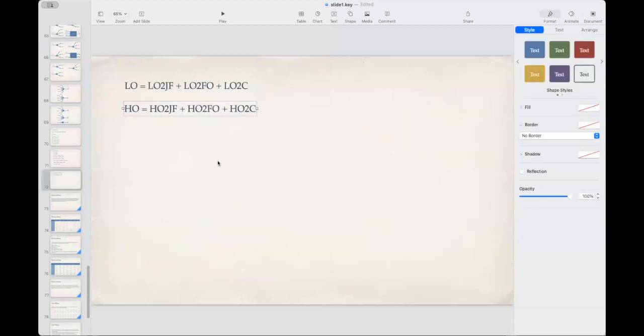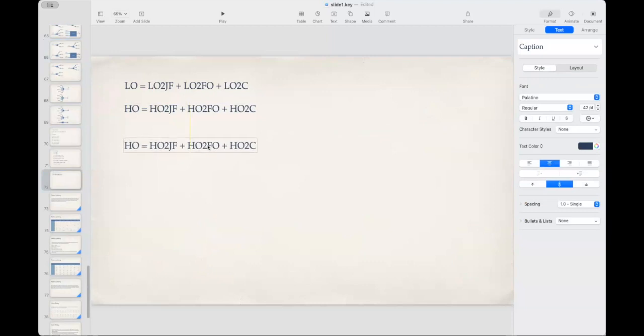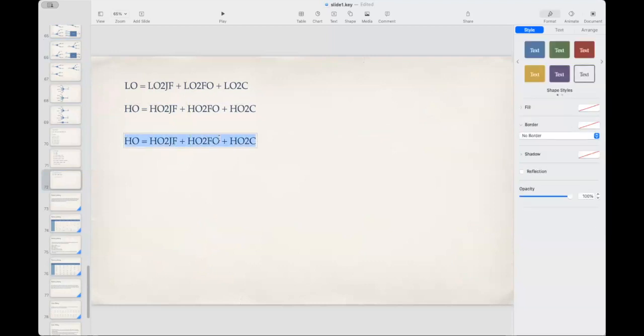At the cracker, you produce cracked gasoline, CG. Tell me the coefficient for cracked gasoline first. 0.28 of light oil to C, right? This one? Yes.